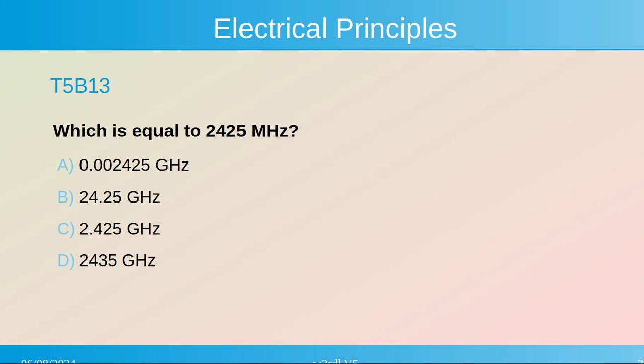The gigahertz is going to be a lot smaller than megahertz, right? So we're going to divide by 1,000.